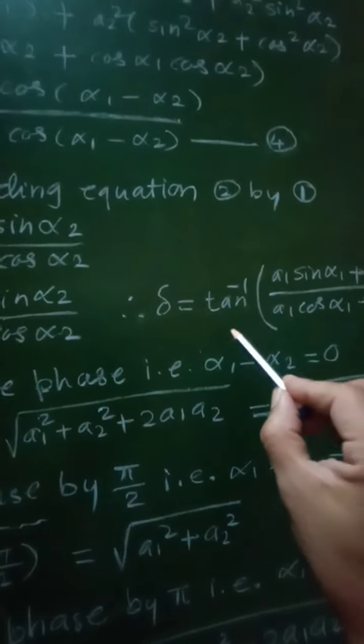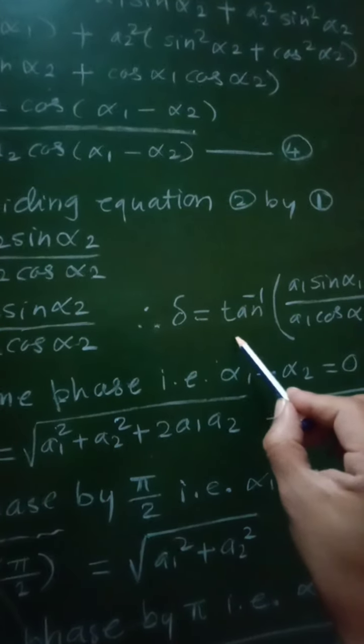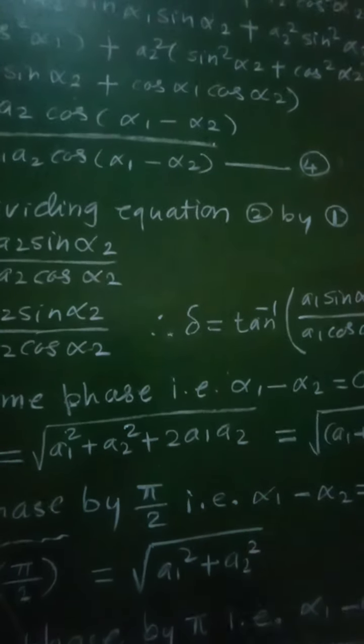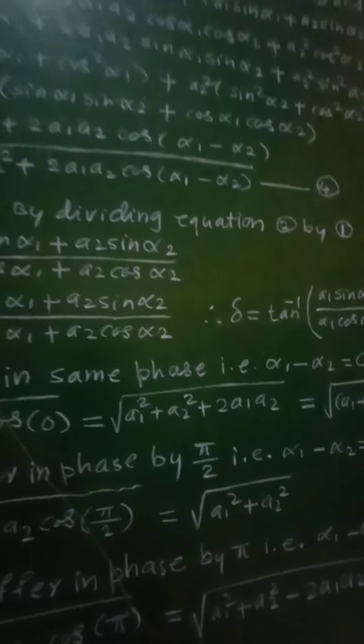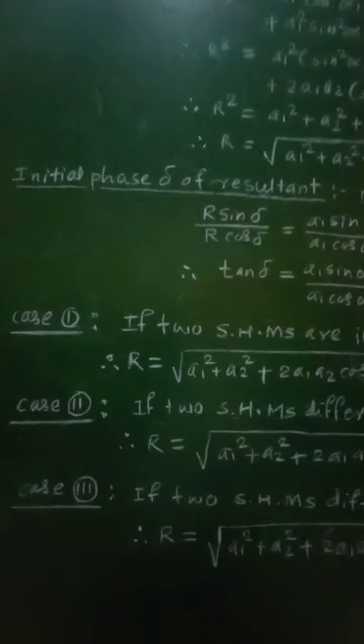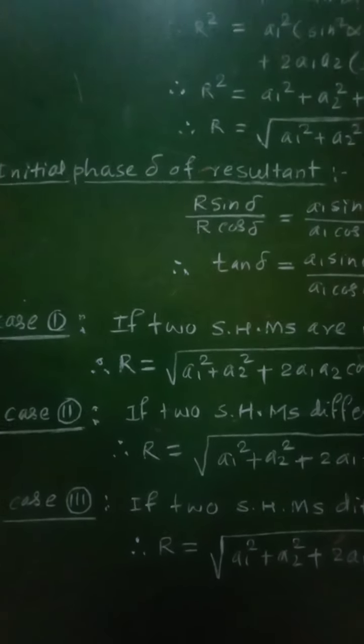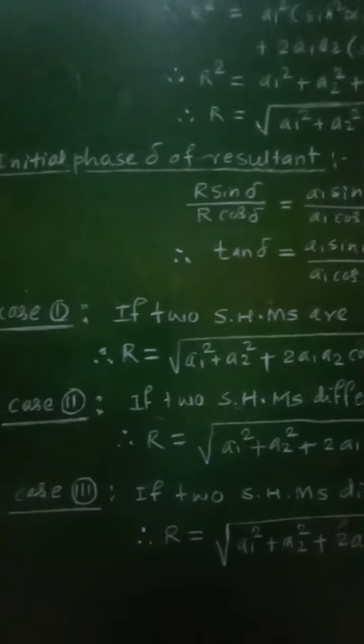So this equation for delta will give the resultant phase delta of the resultant wave, that is the initial phase delta of that resultant wave. So these are the expressions for r as well as delta.